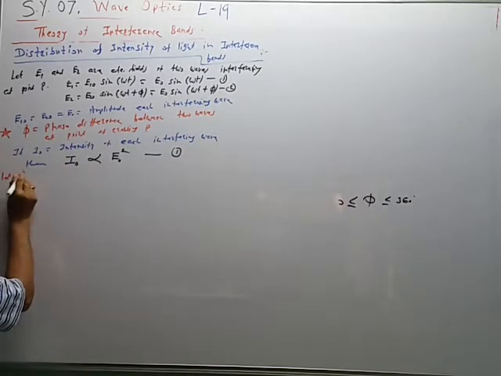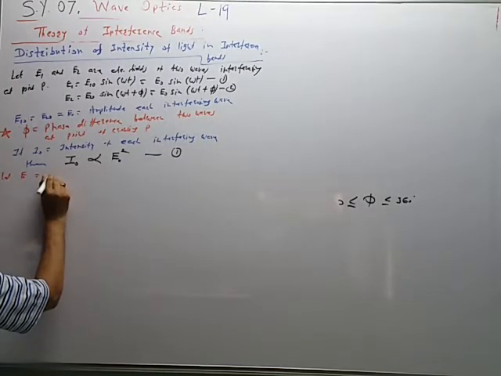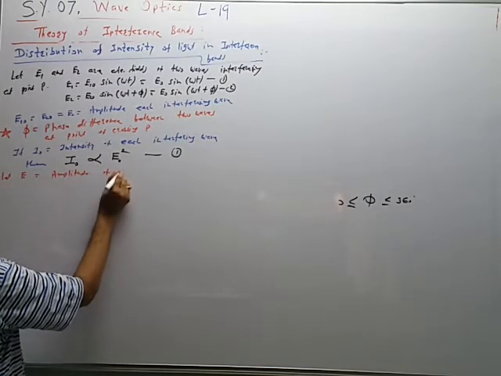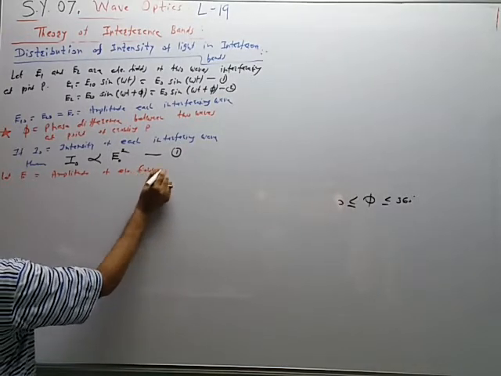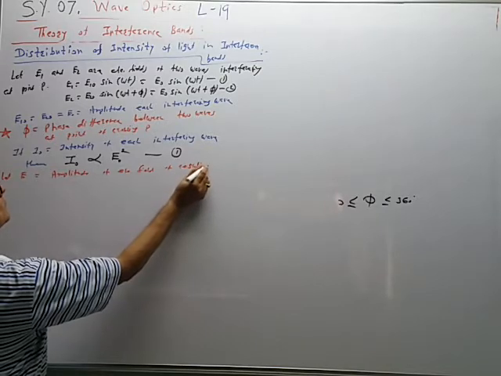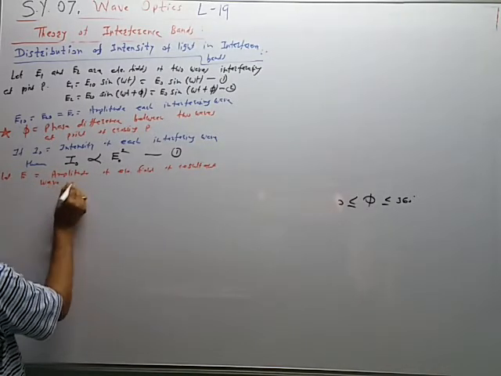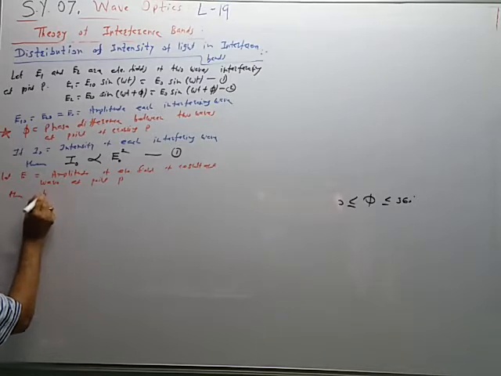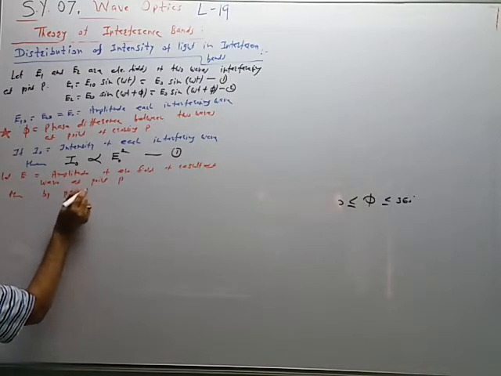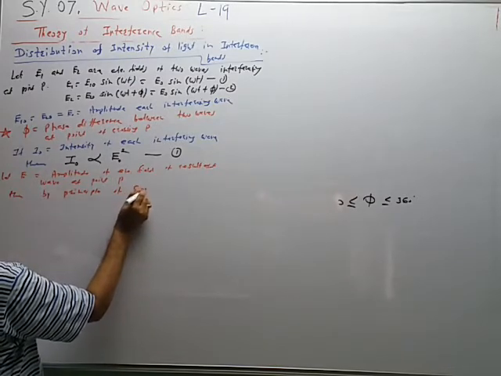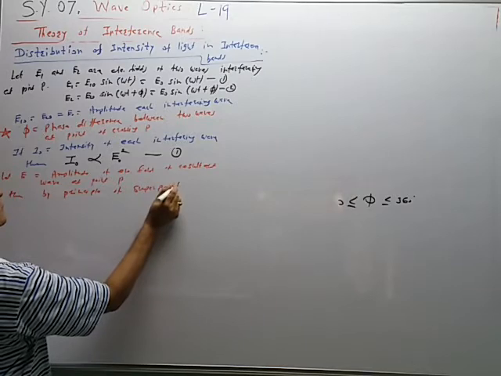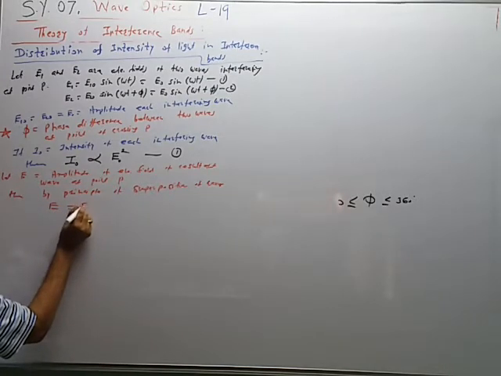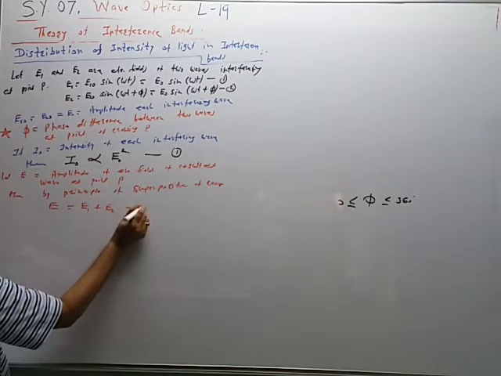Let E be the amplitude of the electric field of the resultant wave at point P. Then by the principle of superposition of waves, which is applicable for sound waves, light waves, etc., E is equal to E1 plus E2.